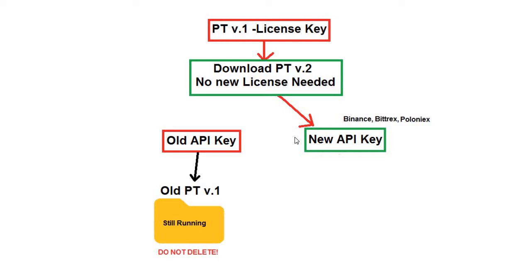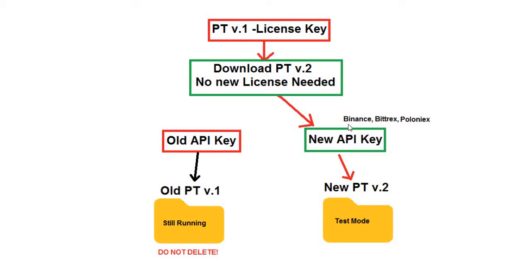So now that we have PT2 downloaded on a different account and we have our new API keys for PT2, you can go ahead and try out PT2 on test mode. Make sure it's on test mode if you're trying them out on the same trading account.